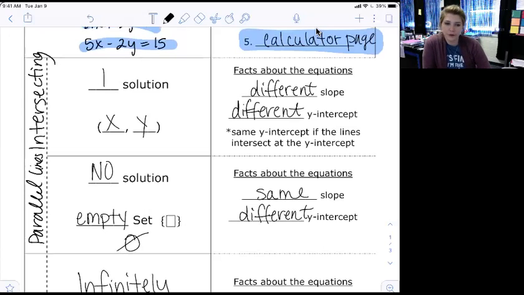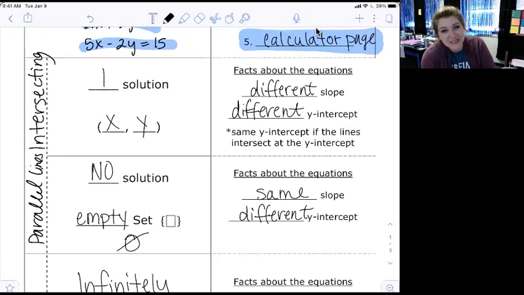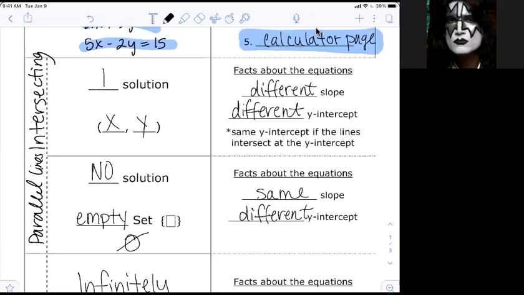So I have a joke for you. Why can parallel lines never date? Anybody know? Why? Because they'll never meet. Thank you. I don't get it.